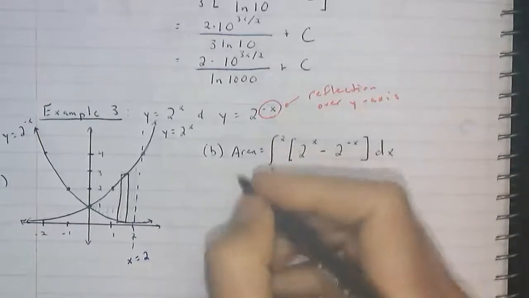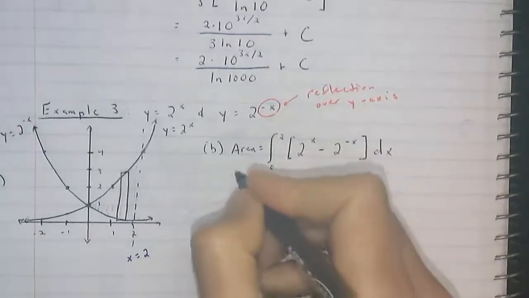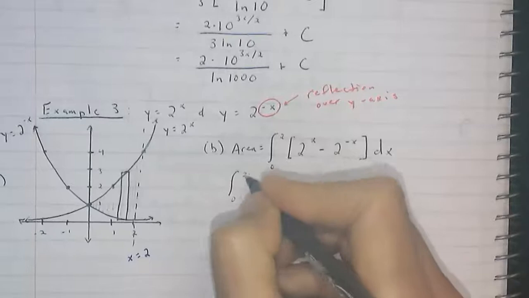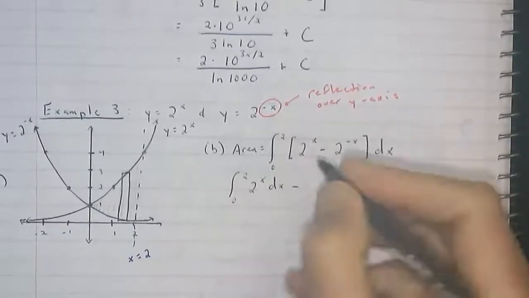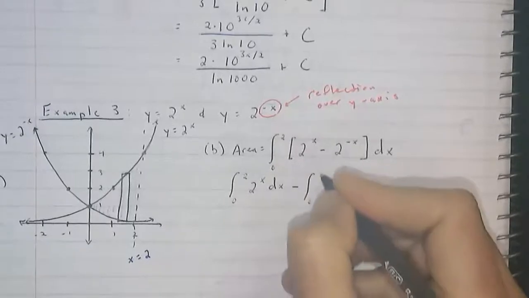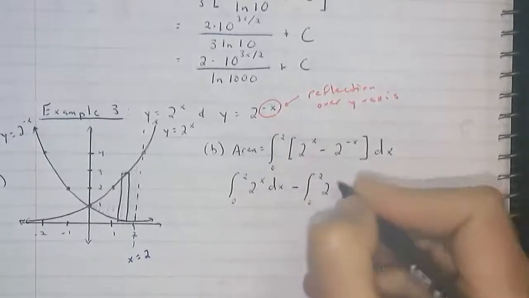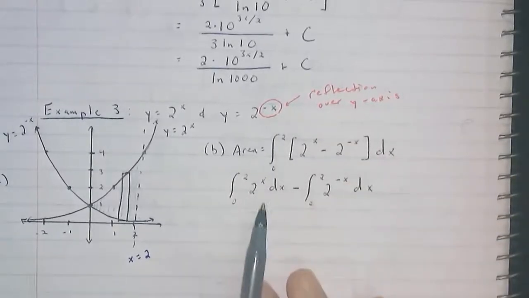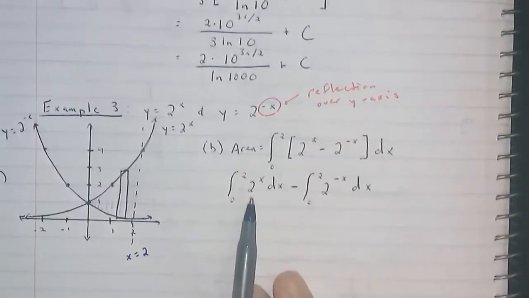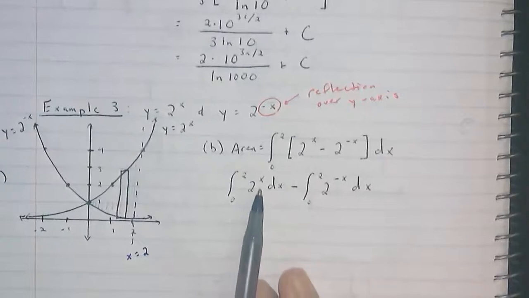So this is going to turn into the definite integral from 0 to 2 of 2 to the x dx minus the definite integral from 0 to 2 of 2 to the negative x dx. The left-hand part of this goes pretty smooth, because there's no chain rule that needs to happen.